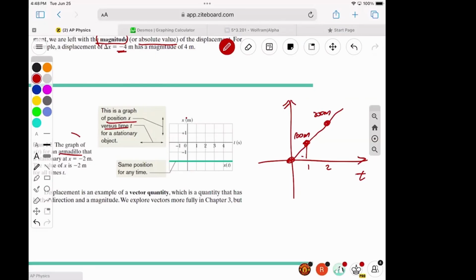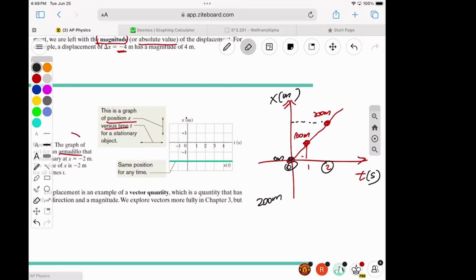This is my x, measured in meters. This is t, measured in seconds. Somebody may ask, what is the displacement between 0 and 2 seconds? Well, the answer is I've moved from 0 meters to 200 meters, so my displacement is 200 meters in 2 seconds.